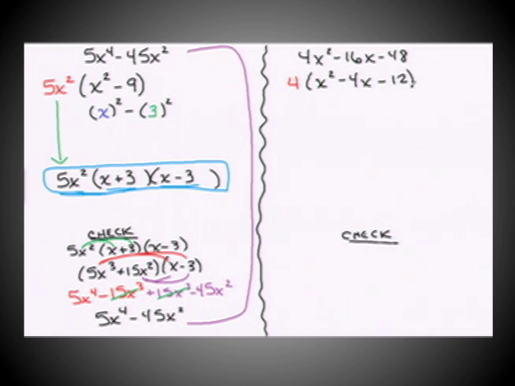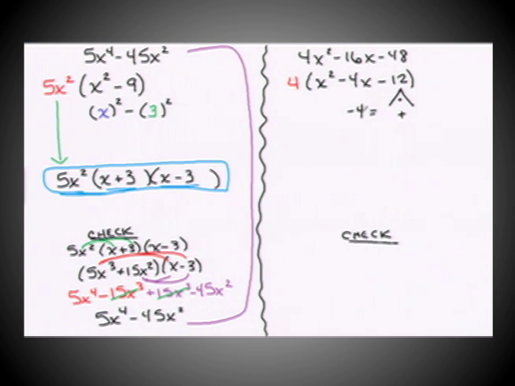Well, we're not quite done yet because we need to check and make sure that we can't factor what's inside the parentheses any further. So since I have 1 as my leading coefficient, I will use the factoring method of figuring out which factors multiply to make negative 12, but add to make negative 4.